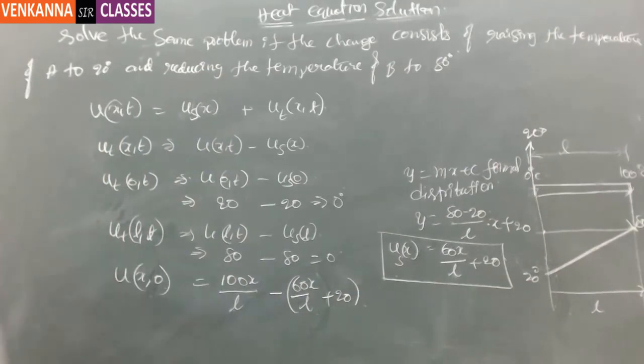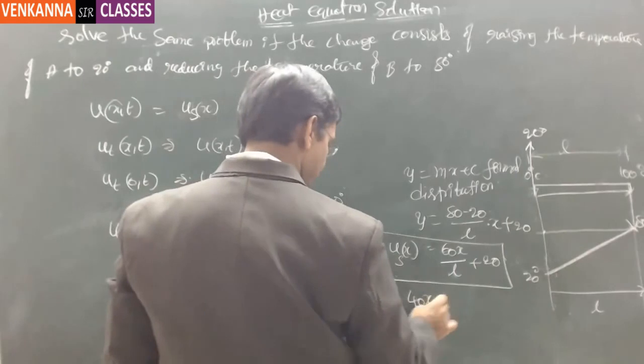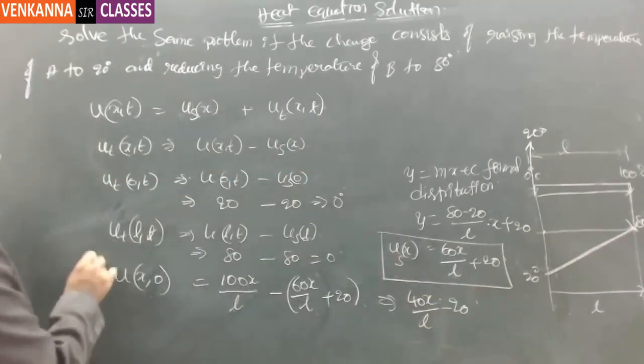Got it? So this is the initial condition for us. This initial condition is 100 minus 60, which is 40x by L minus 20. So this is u of x comma 0.